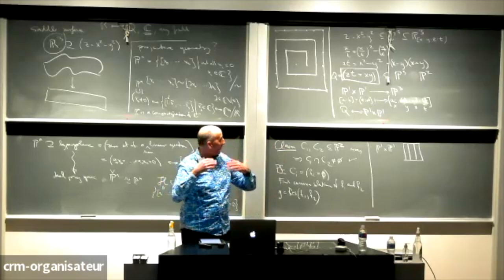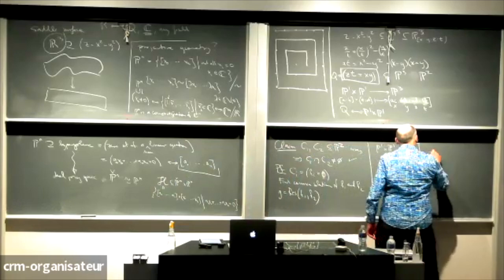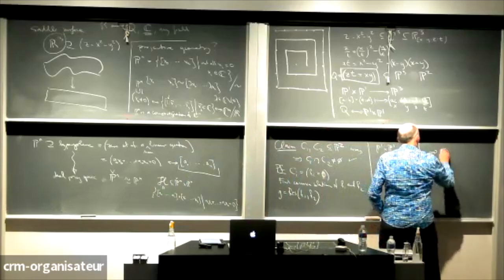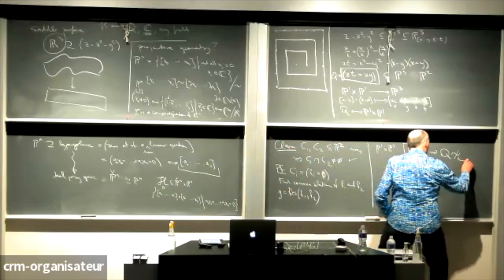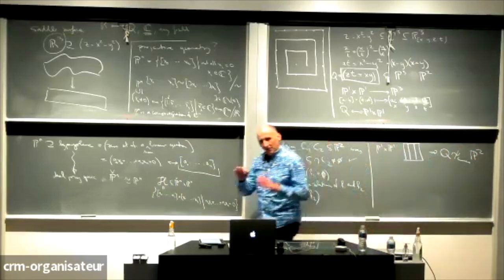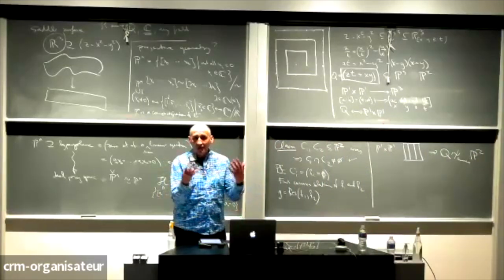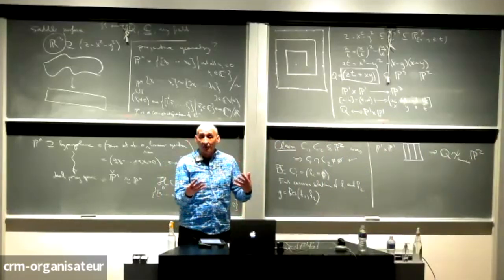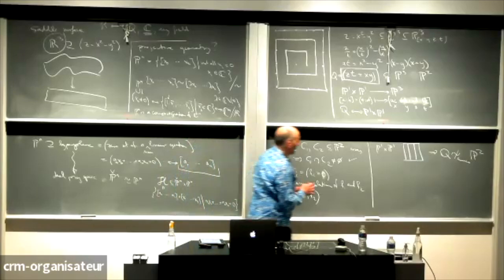So right now, what I want to conclude from this is that Q is not homeomorphic to P2. I'm not talking about deformation at the moment yet, just that topologically, these two complex manifolds are different. In particular, they're not diffeomorphic.